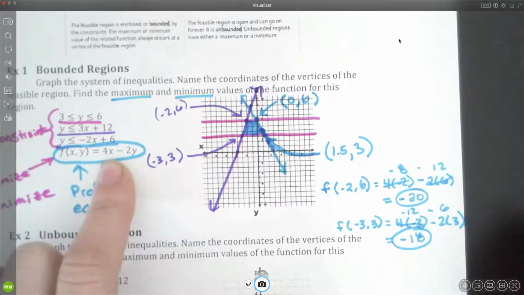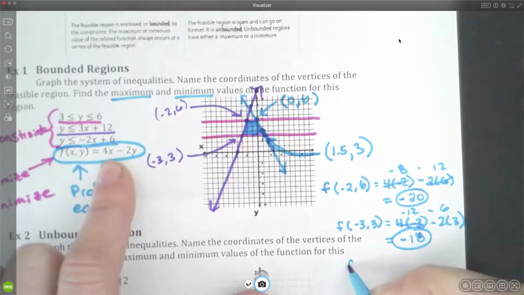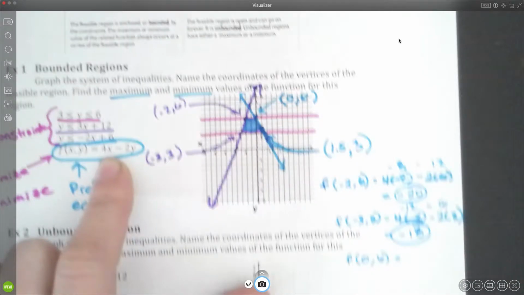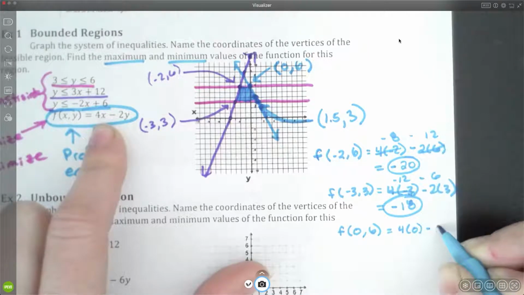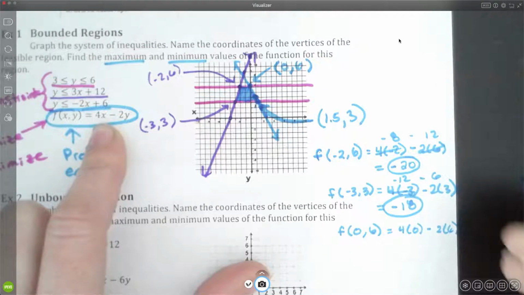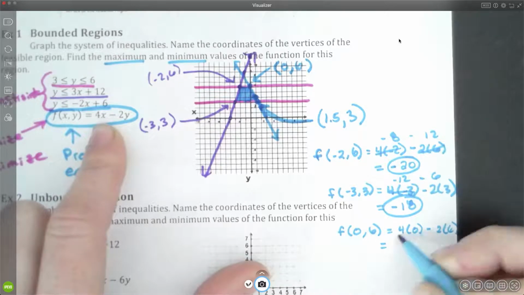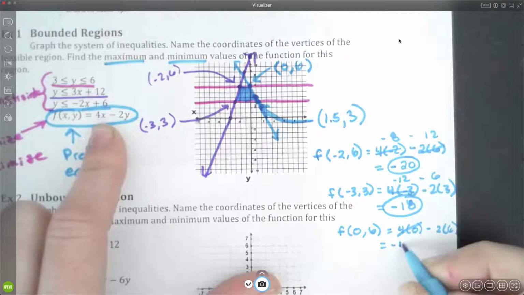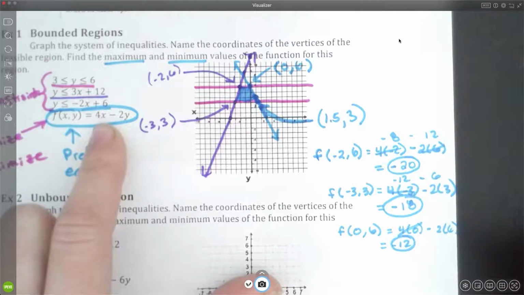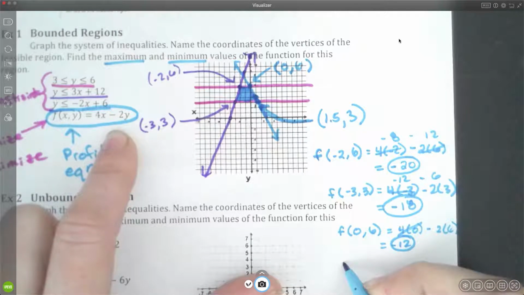So we have those 2. All right, let's do the other 2. F of 0, 6 is 4 times 0 minus 2 times 6. And that guy is 4 times 0 goes away, right? -12, okay? And the last one is kind of a lot of plugging in, isn't it?